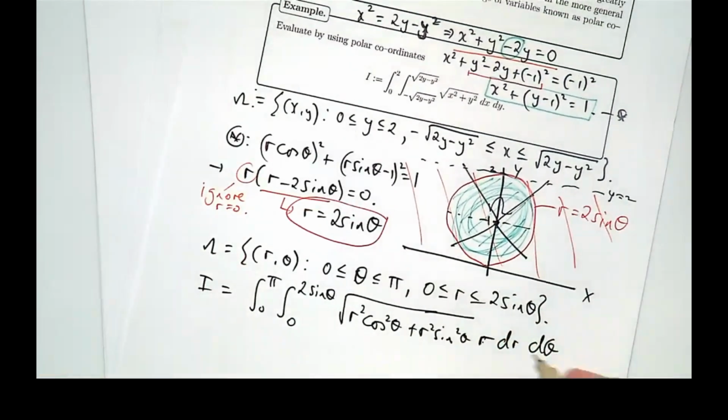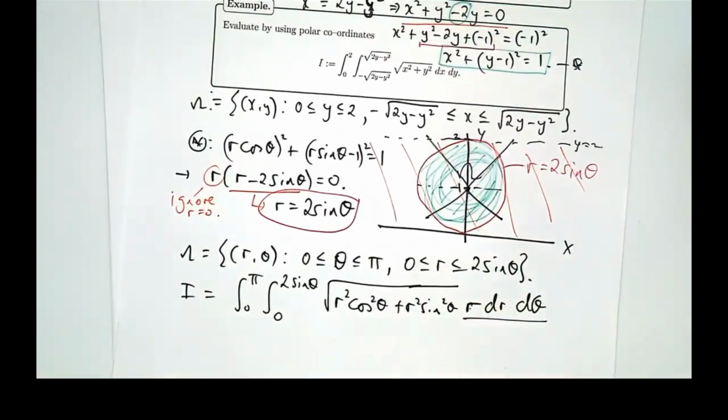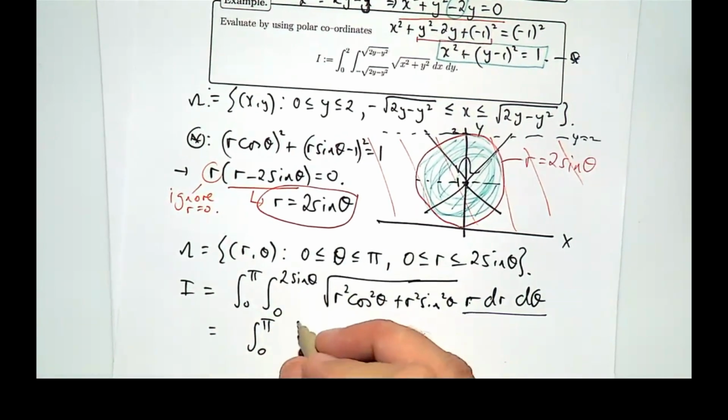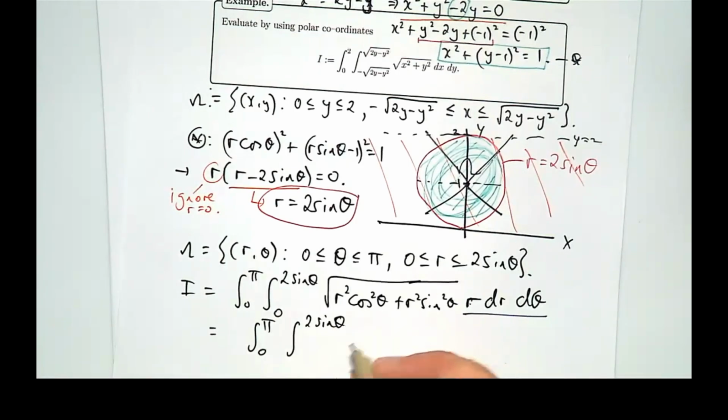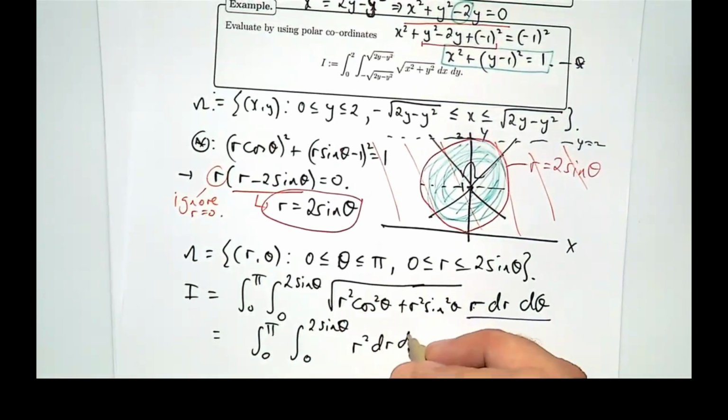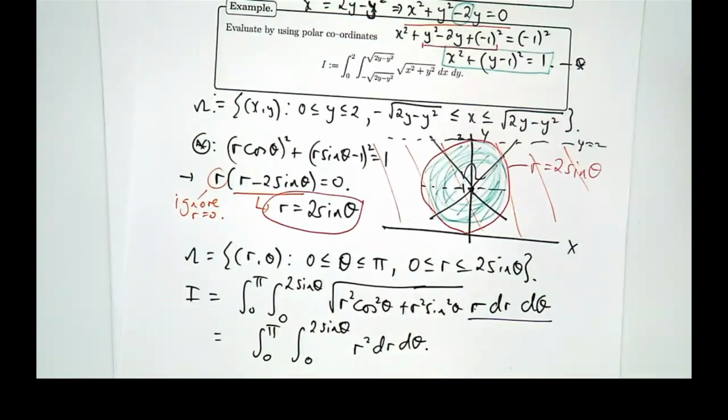And you've got the area element there, r dr d theta. So this is going to simplify, and you're going to get r from there, and r from there.